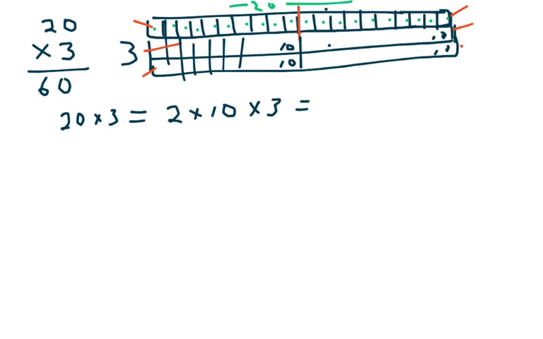So I could multiply 2 times 3 times 10, which is 6 times 10, and we just talked about 6 times 10 is 60. So that's a mathematical way of doing it without looking at that.